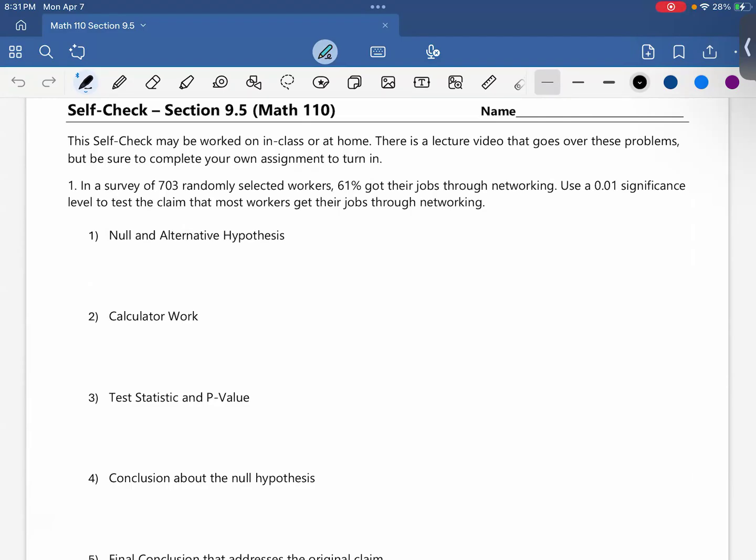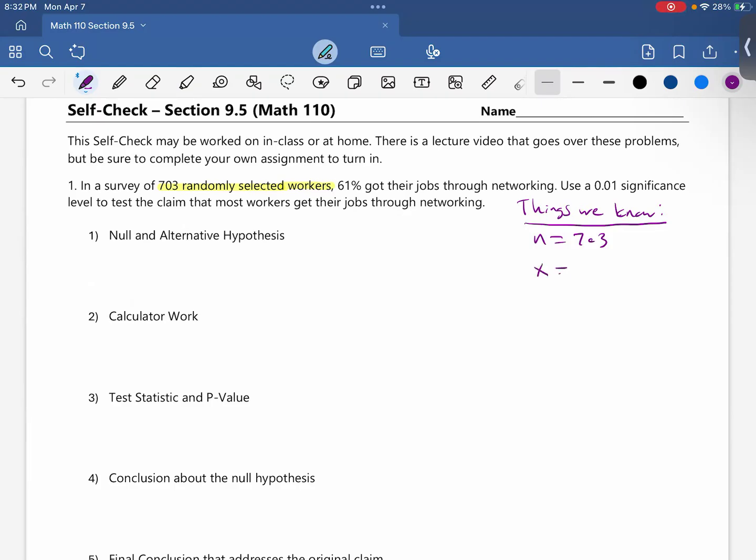So let's go ahead and write down the things we know. We see 703 randomly selected workers, so that's going to be our sample size.